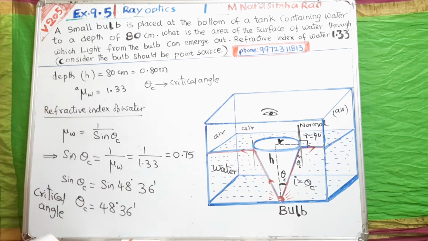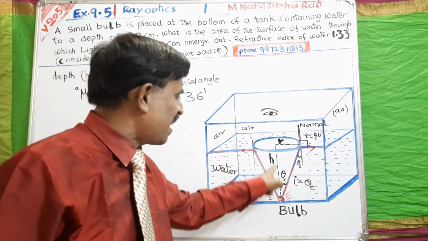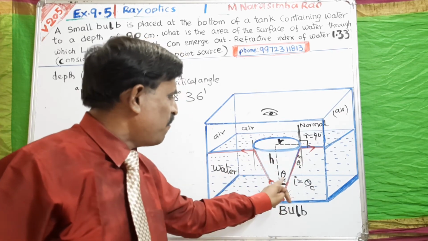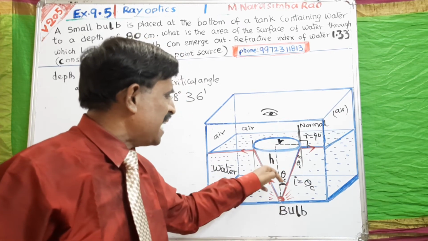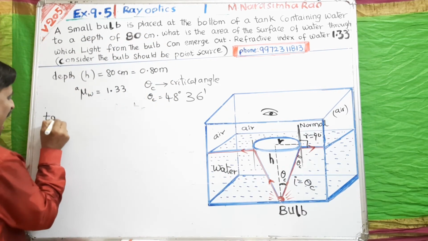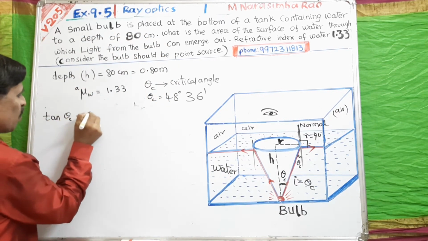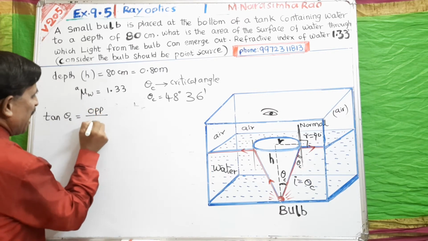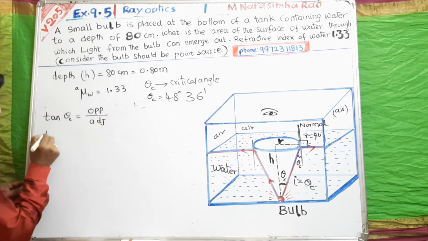for the water-air interface. It is a right angled triangle. For this theta, there is the opposite side and the adjacent side. I am taking tan theta c. Tan theta c is equal to the opposite side by the adjacent side.